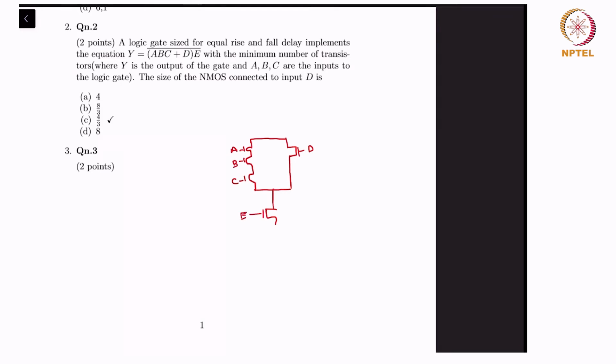right? So this is the implementation that takes the minimum number of transistors, because if I were to put that E inside, then it would become one E here and another E here. That is, if I were to distribute the E inside this bracket, right?